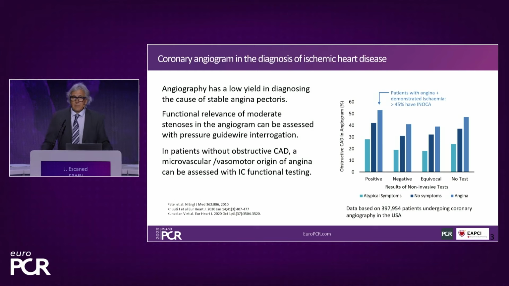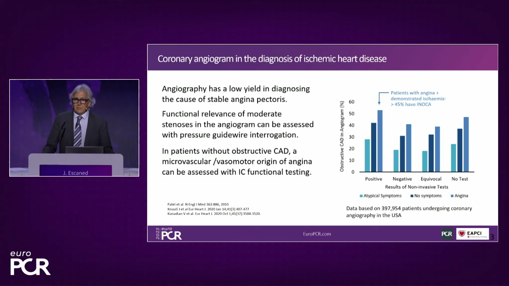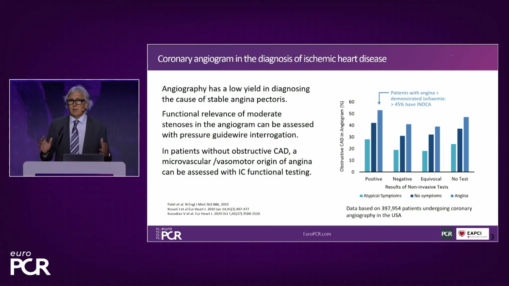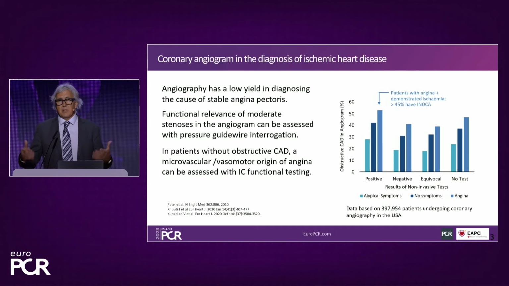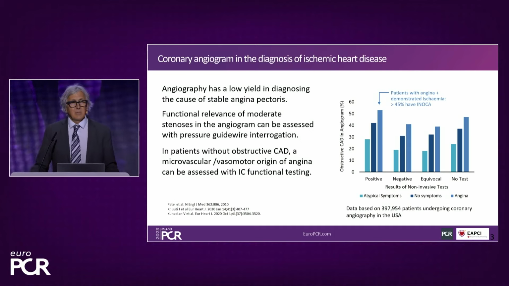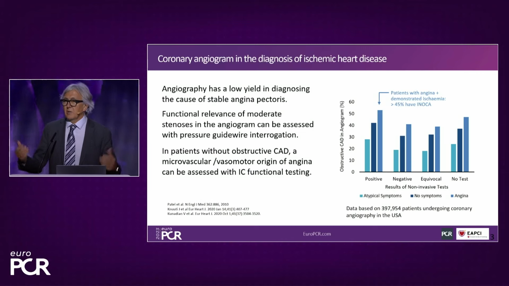Now, the bottom line is that we still keep using the same tool that was the only tool available 45 years ago to perform diagnosis in patients with coronary artery disease, the coronary angiogram, at the time Andreas Grüntzig generated coronary angioplasty.